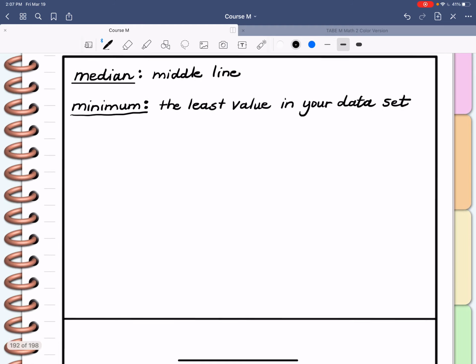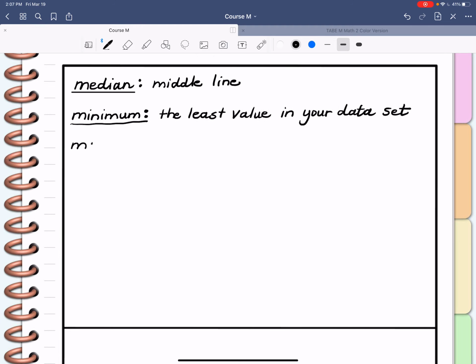What's the opposite of minimum? Maximum. And maximum is the highest, the greatest value in your data set.